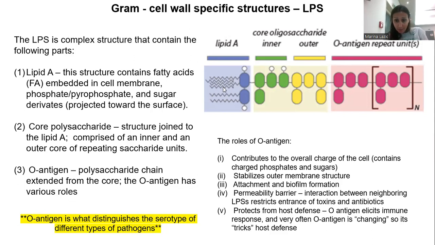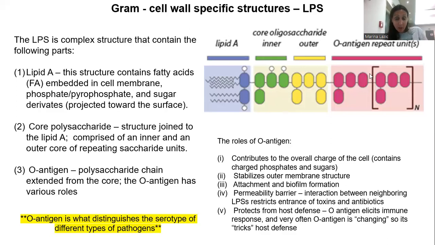You see the chains of fatty acids here, and those fatty acids get stuck into the cell membrane. Hydrophobic, of course. Then you have this core polysaccharide, inner and outer; it's enough to understand it's a polysaccharide core. This structure is joined to lipid A, and there are sugars over there.